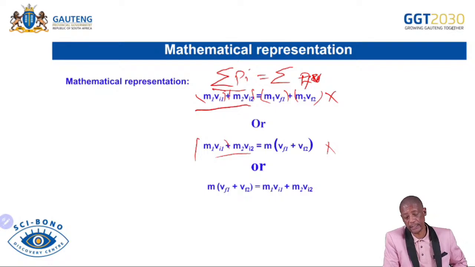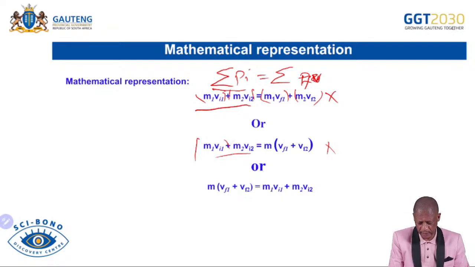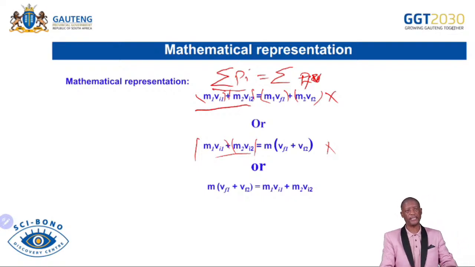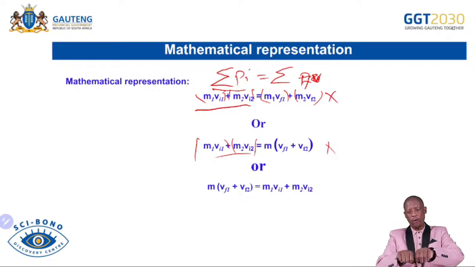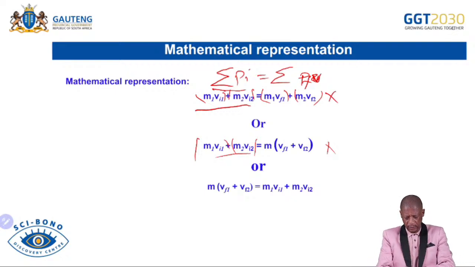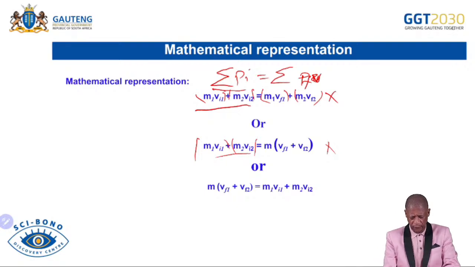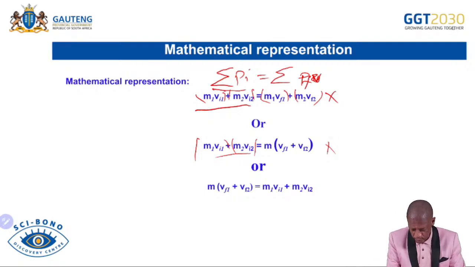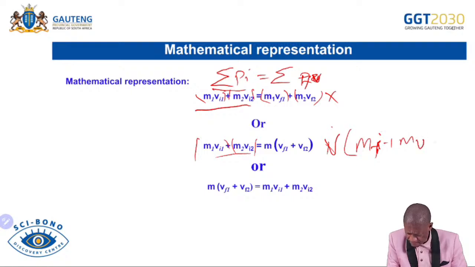We have one object having its own velocity and momentum, and this one having its own momentum. But after the collision, the two objects move off together. In fact, this formula is not correct. It was supposed to be: m1v1 plus m2v2 equals (m1 plus m2) v.